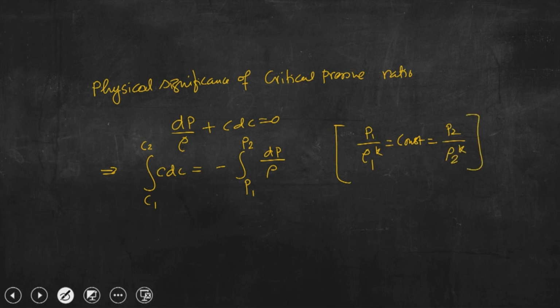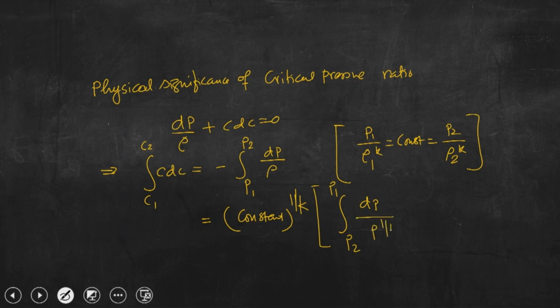So, that means this is nothing but constant power 1 upon k into the integral P2 to P1 dP by P power 1 upon k. That is straightforward. From here we can write P by rho power k equal to constant, right. So, we are using it, and we can quickly go to the next step.